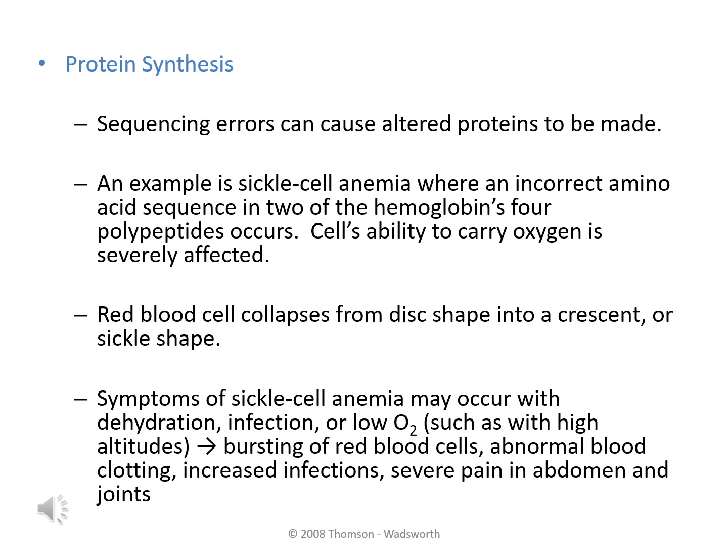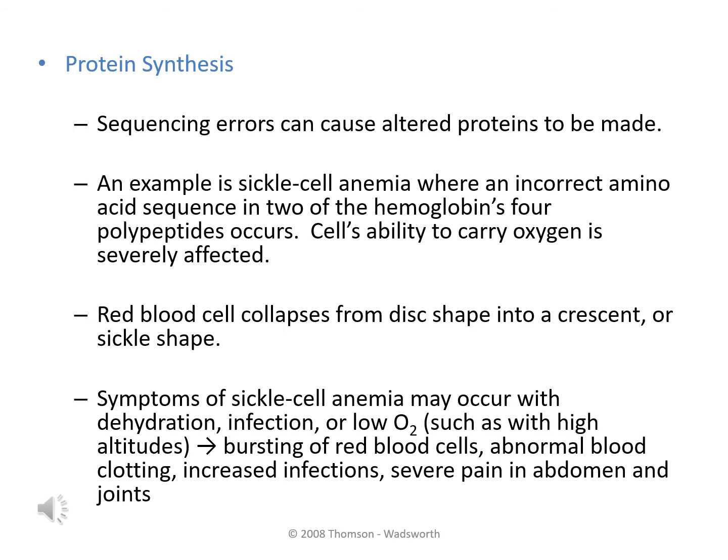Because of this single alteration, it changes the characteristics and shape of the hemoglobin protein, so much so that it loses its ability to carry oxygen effectively. What also occurs is that the red blood cell collapses from its normal round disc shape into a crescent shape, or what's referred to as a sickle shape.